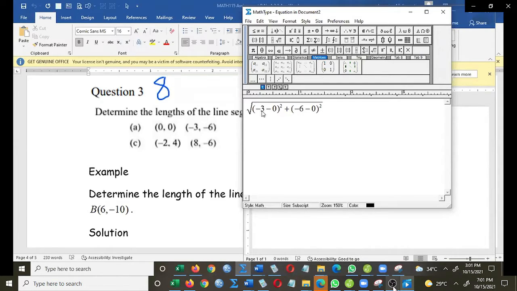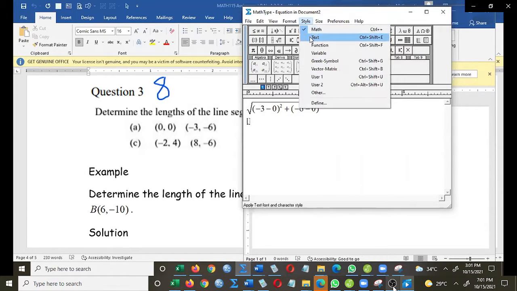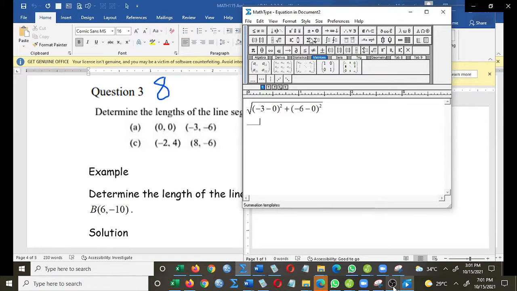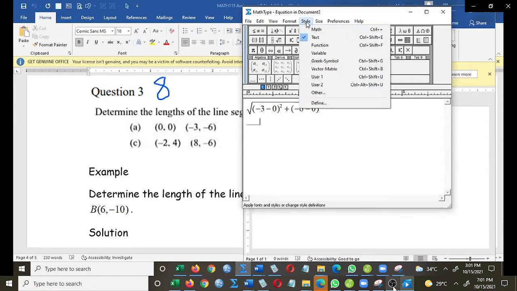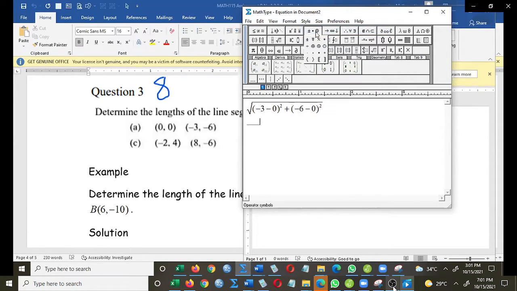Why did you put a -3 there? Because x2 is negative. Because you label x2 as -3, right? Why you put 0 there? Because the equation says x2 minus x1 and x1 is 0.